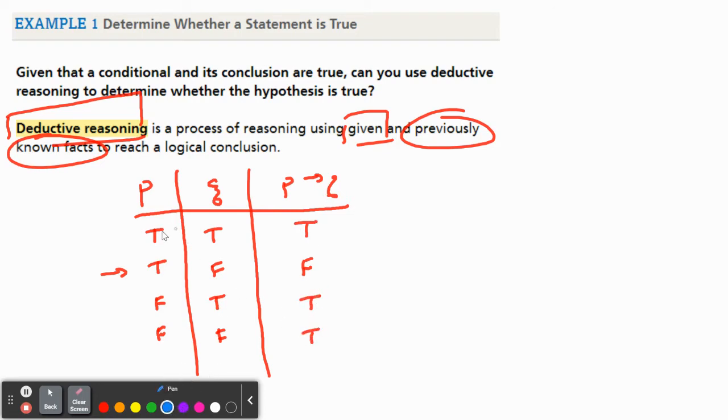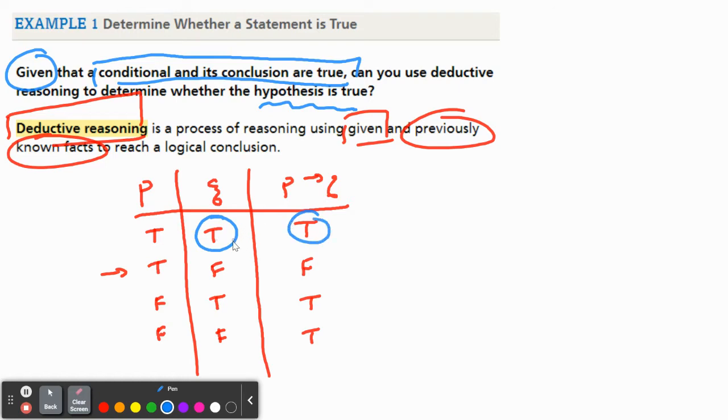So the question is, given that a conditional and its conclusion are true, we know that the conditional and the conclusion are true. Can we determine if the hypothesis is true? Well, let's find the rows where the conditional and the conclusion are true. So here's a true conditional and a true conclusion.